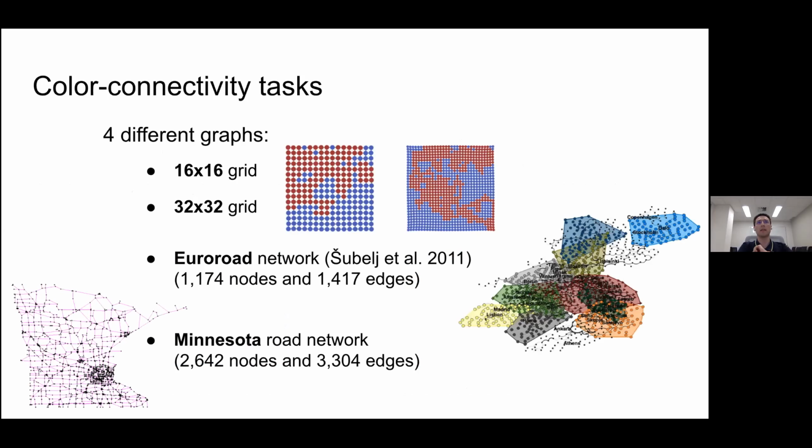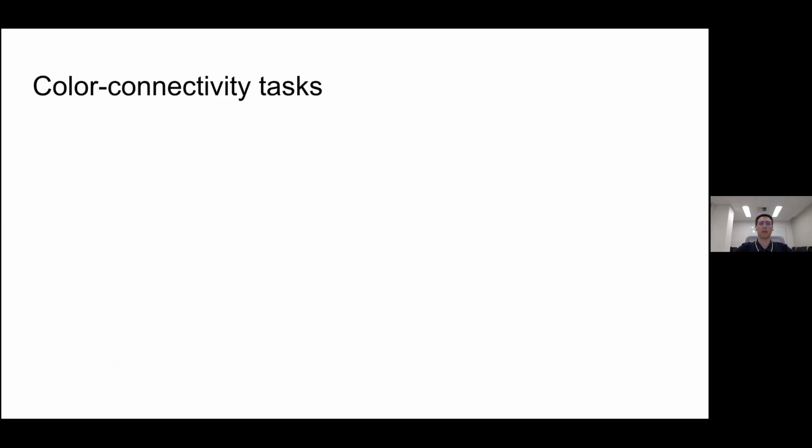And we've done this on 4 different graphs, so 2 different sized grids, 16 × 16 or 32 × 32, or then we took 2 road networks, the Euro road network with something over 1,000 nodes, and the Minnesota road network with something over 2,500 nodes, and created around 15,000 graphs like this as the data set, and trained the models on them.